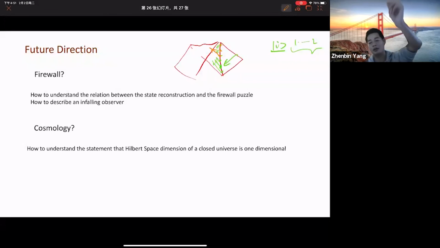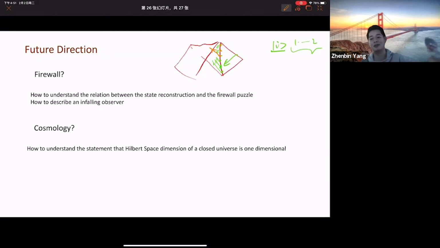And those will also span the complete basis. And for an infalling observer, for all of those states he will meet this shock wave. He will meet that firewall. So in that basis, in every basis state, this observer will die. Yeah, because of high energy correlation.